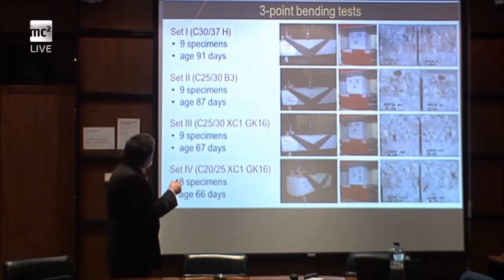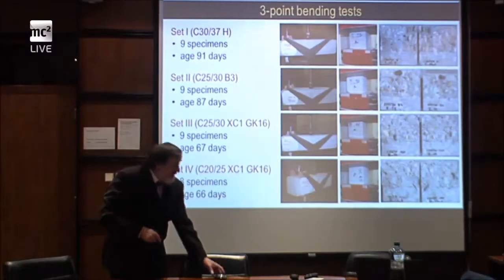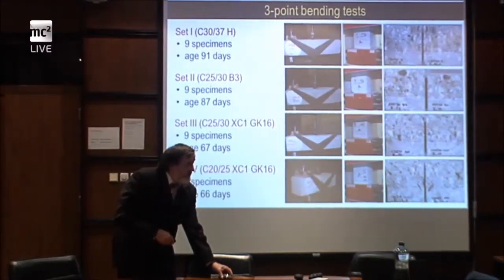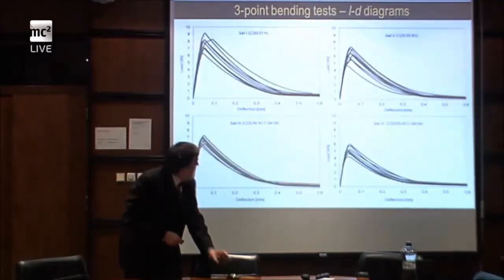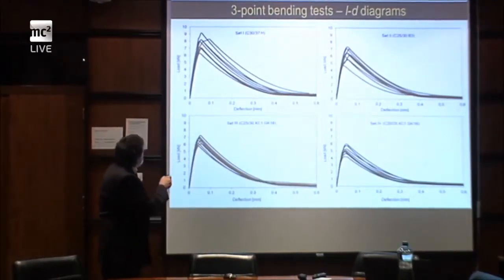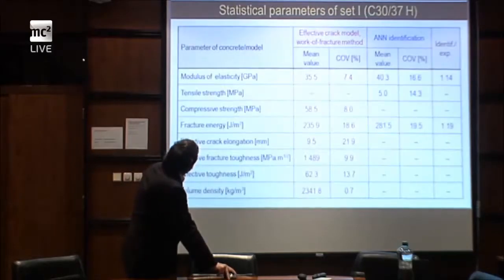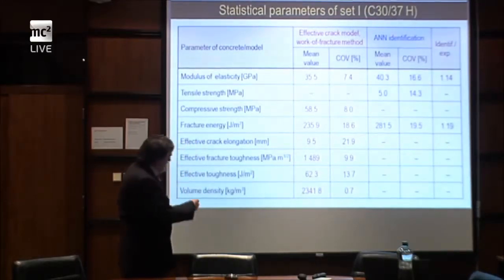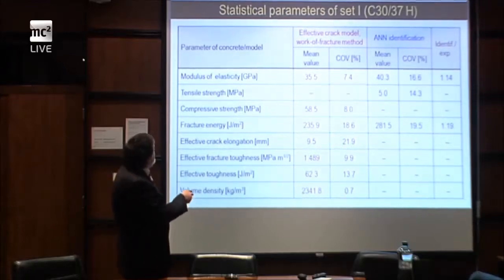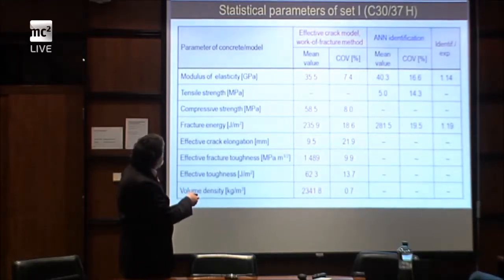For evaluation, we use material parameters identification based on artificial neural networks. So these are, for example, results from the experimental campaign and identification, just a selected set of parameters of concrete. Neural network identification resulted in these values and coefficients of variation.